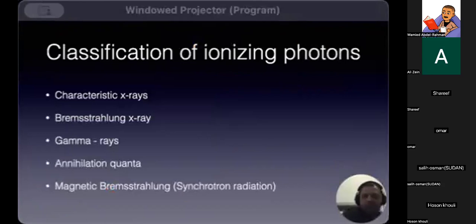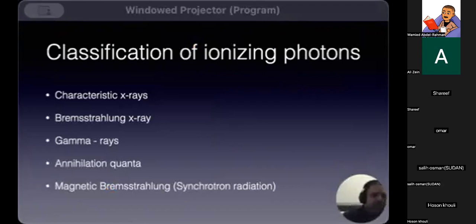So, classification of ionizing photons. We all know that photons come with different energies. There is infrared, microwaves, radio waves, and what I'm really talking about here is ionizing photons. These are photons with energy capable of ionizing an atom.